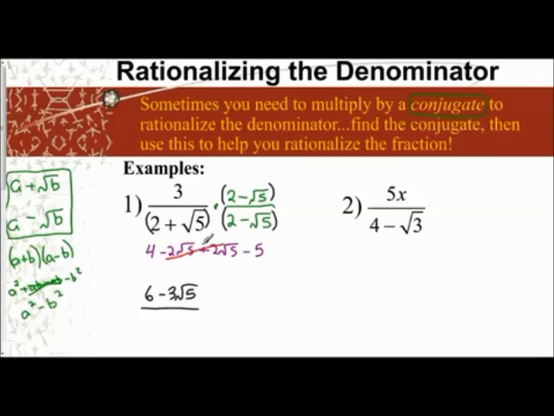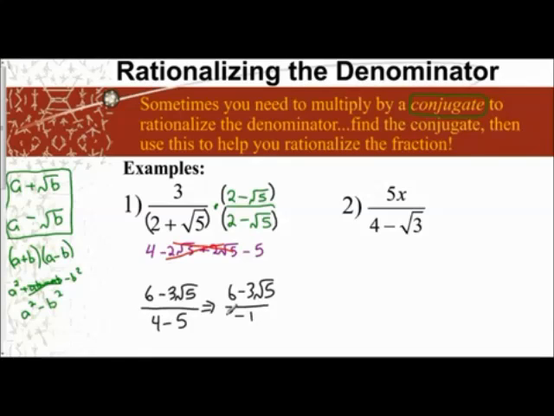You notice I no longer have a radical in the denominator. I rationalized it. And so in the bottom, what I'm left with is 4 minus 5. And so what does that give me? That gives me 6 minus 3 square root of 5 in the top and a negative 1 at the bottom.